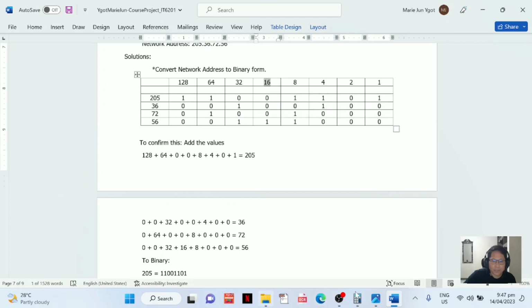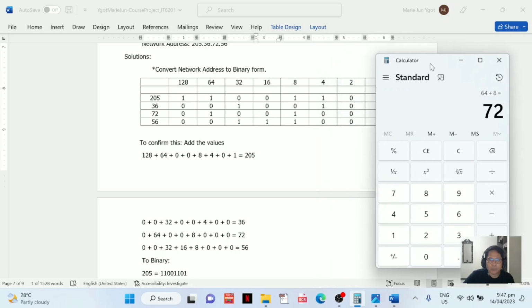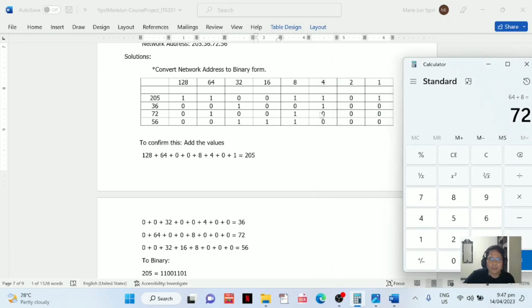Let me check. 64 plus 8 is 72. So all the rest will be zeros.